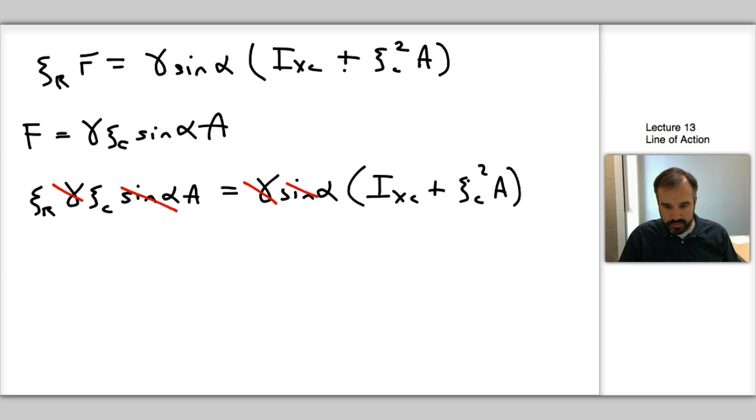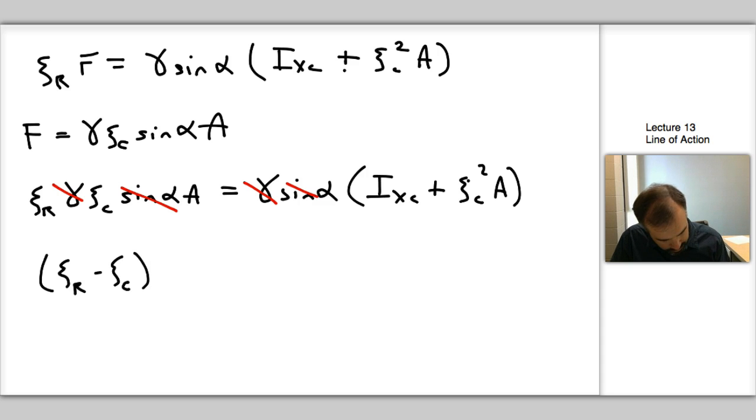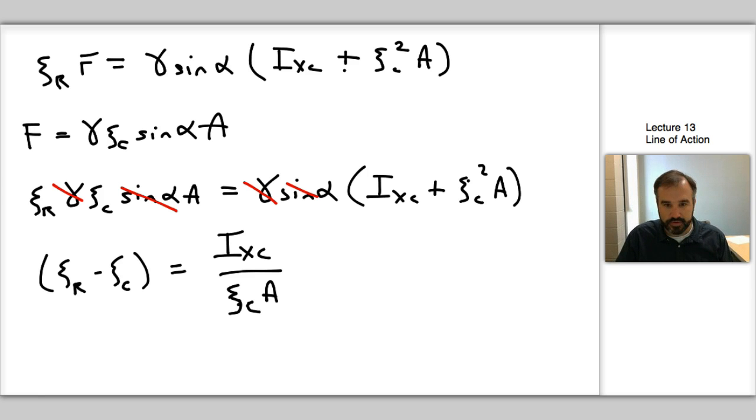Now we can rearrange this to get psi r minus psi c is equal to the second moment Ixc over psi c times the area, where all of these terms on the right-hand side, Ixc, the second moment, psi c, and the area, are all dictated by the geometry.